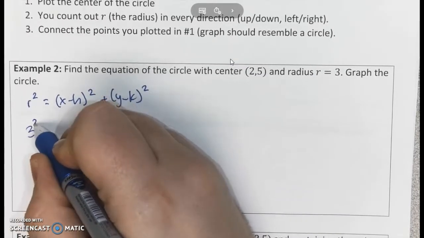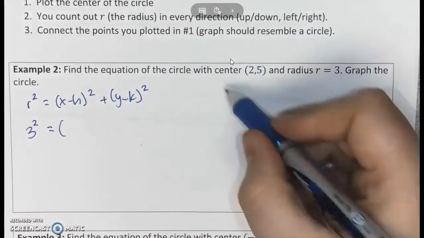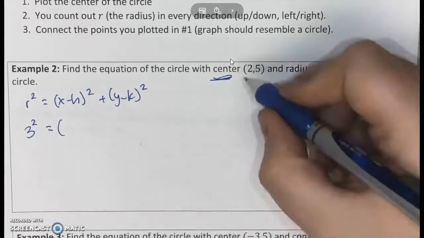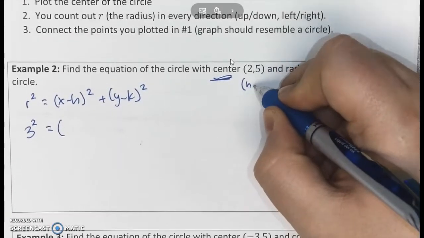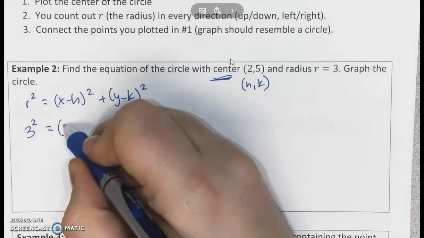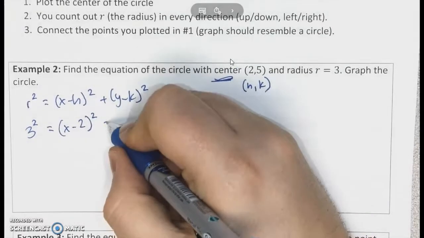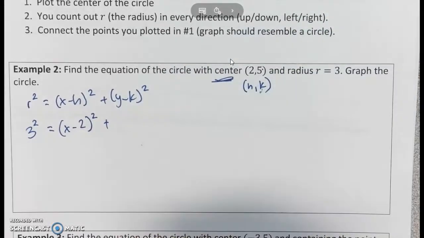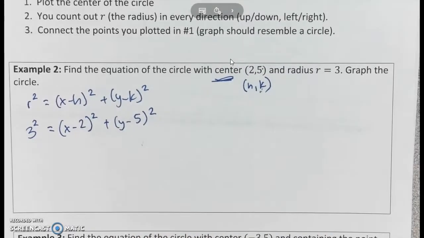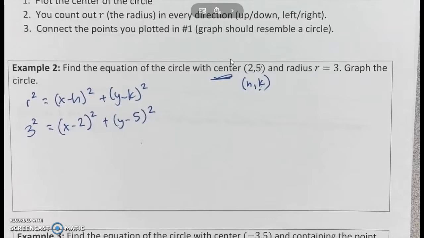So we have 3 squared equals. We know what h and k are because we're given the center of the circle is 2 comma 5. Your h value would be 2. So this would be x minus 2 quantity squared plus your k value, which is 5. So y minus 5 quantity squared. And we could leave it like that.